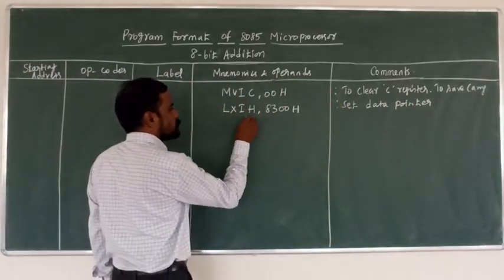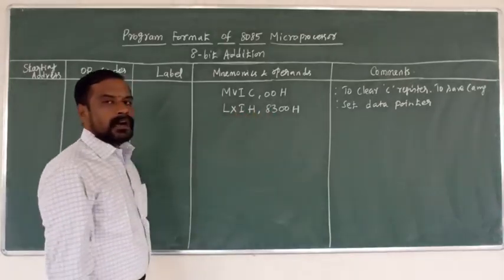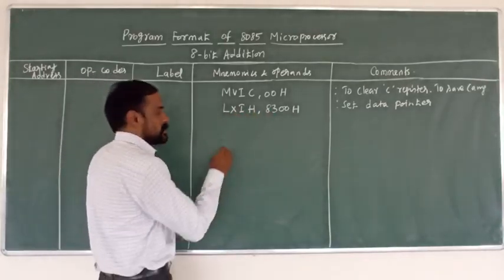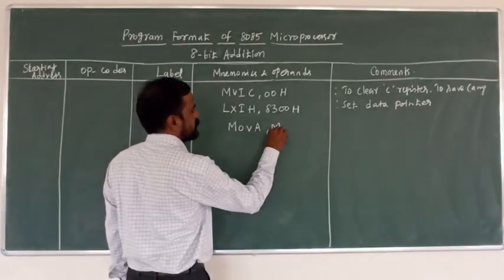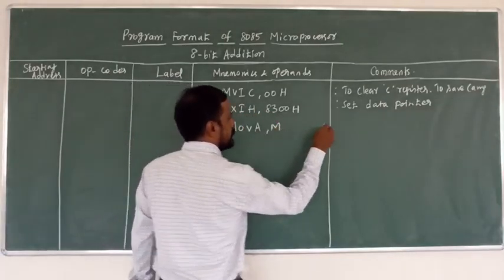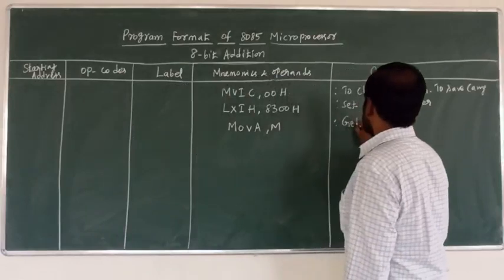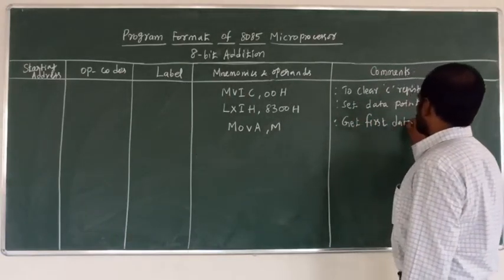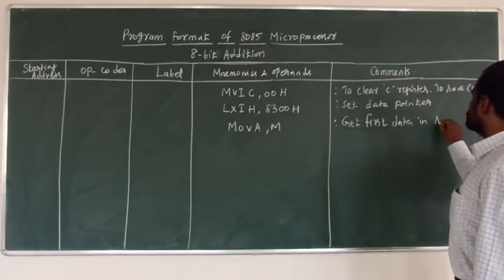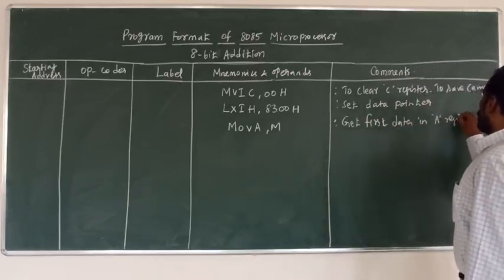First data to move to the accumulator. For that we can use MOV A, M. Okay, get the first data in the A register, that is the accumulator.